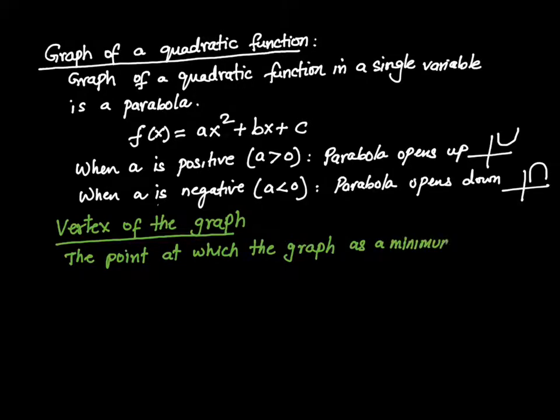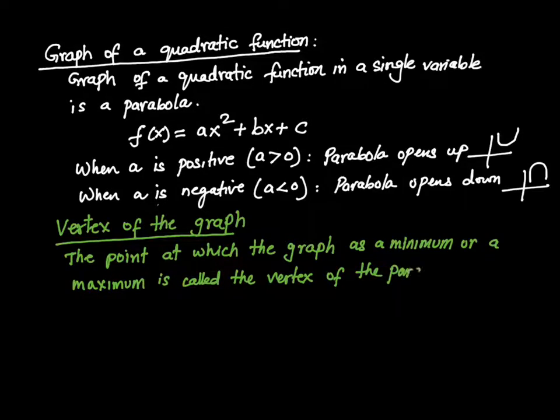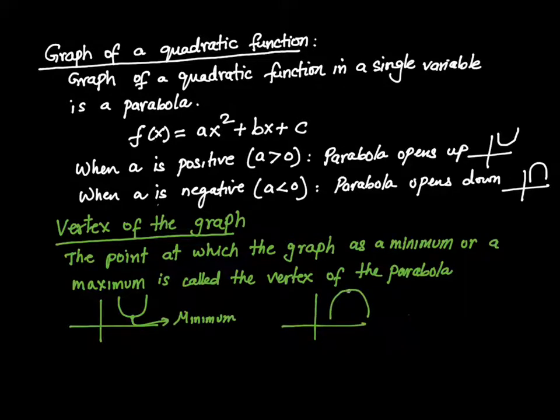Later on you'll learn more about it, but when it opens up, the vertex point is the minimum, and if the parabola opens down, then it's the maximum. And there's a process for finding the vertex, which we will do. So that's the vertex. That's the point. I'm going to show you now. In this case, it's a minimum. So when the parabola opens up, there's a minimum. When a parabola opens down, it's a maximum.